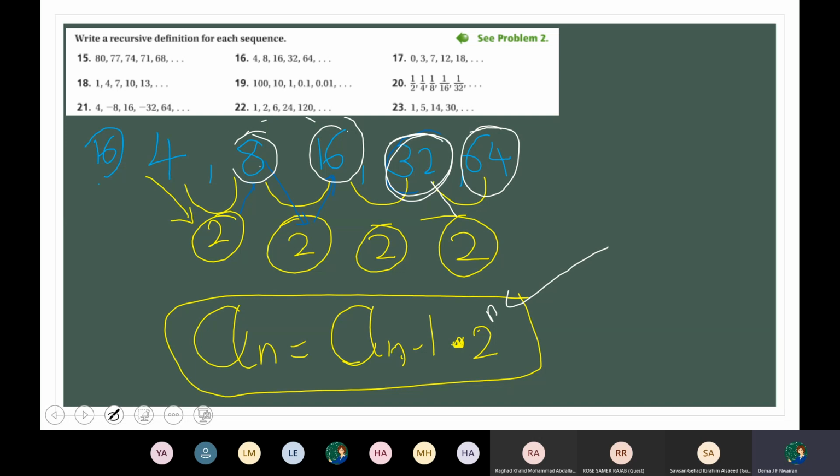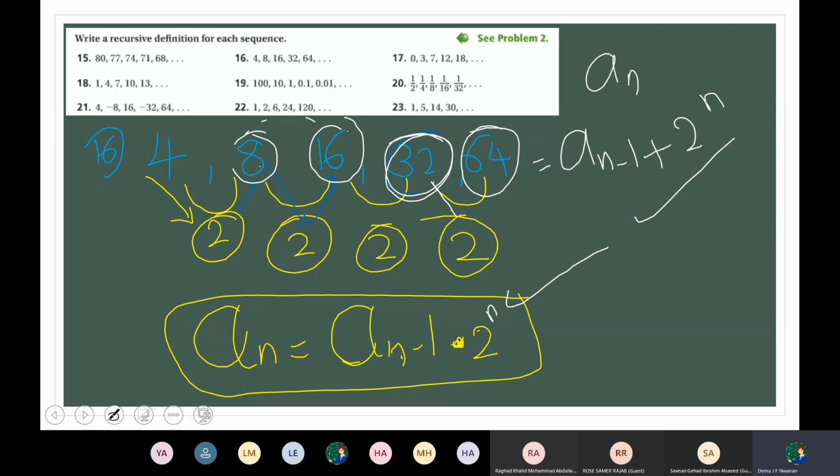Who's talking? Rahat? Okay. Rahat, I can say it is like this: a of n is a of n minus 1 plus 2 raised to the power n. It's also correct. Thank you, Rahat.